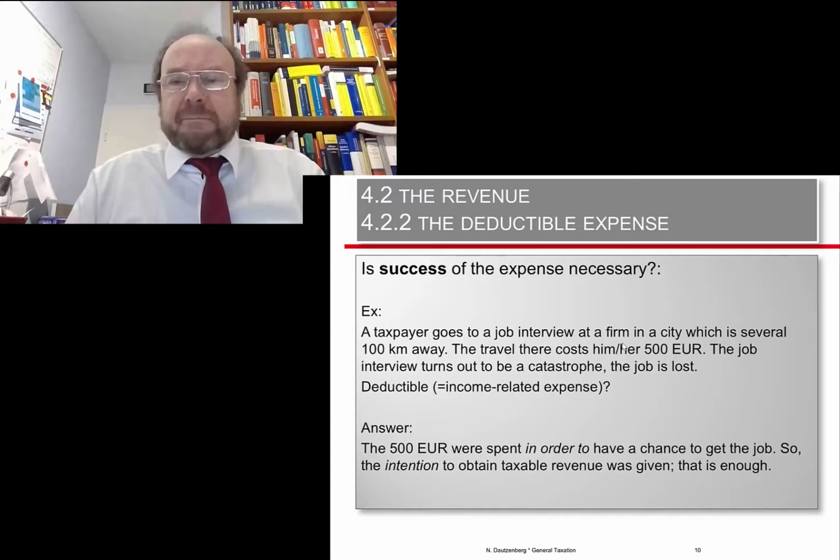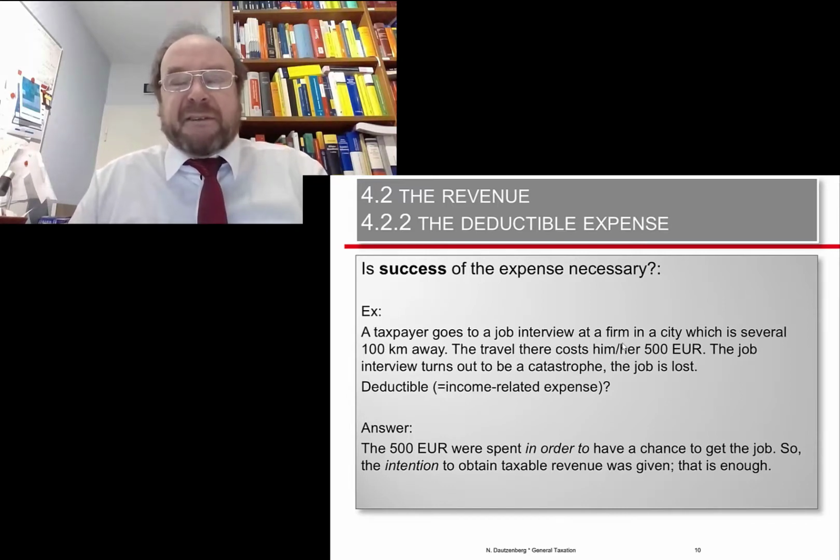That is probably not the best thing which I could ever describe as private consumer. So forget about that. That is no private consumer-related motive mingled with the business motives, so entirely caused by business, so deductible. That it was a failure plays no role.